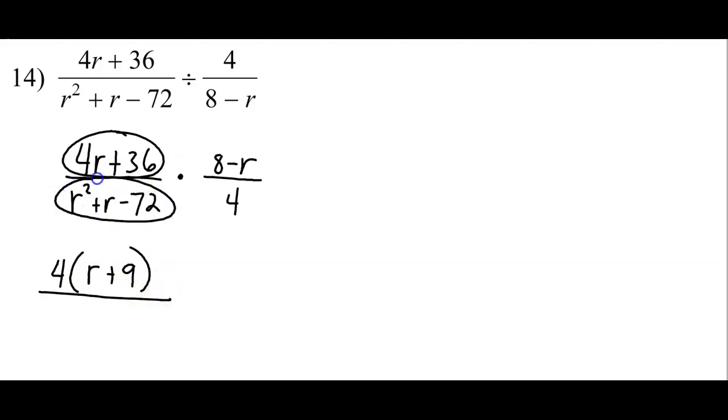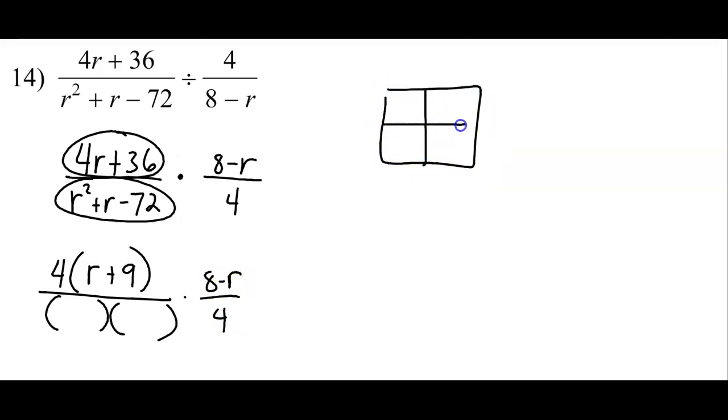For this guy, I would use the box method. So for the box method, it would be R squared here, negative 72 here. These add up to make the middle, so I know I'm good.